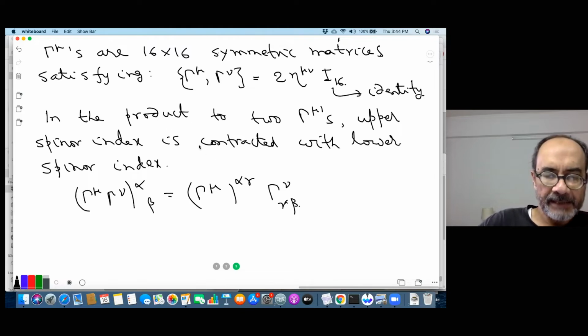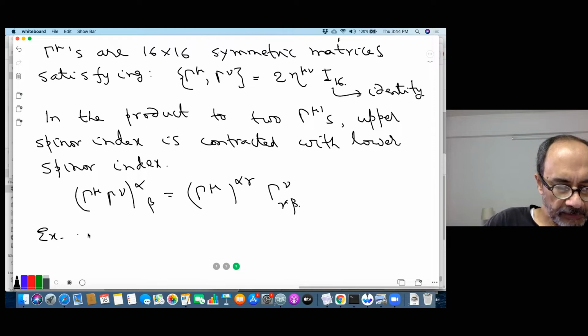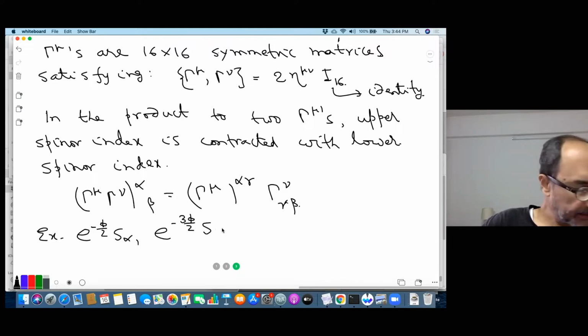I'll leave as an exercise, based on all these identities, to check that e to the minus phi/2 S alpha and e to the minus 3 phi/2 S alpha are both GSO even.